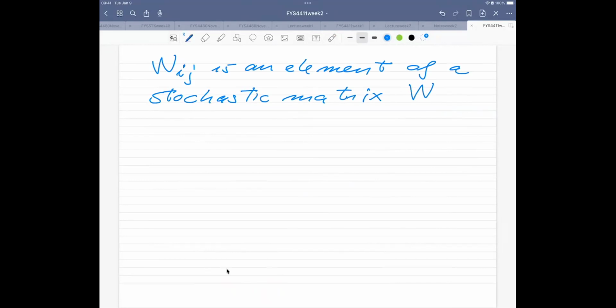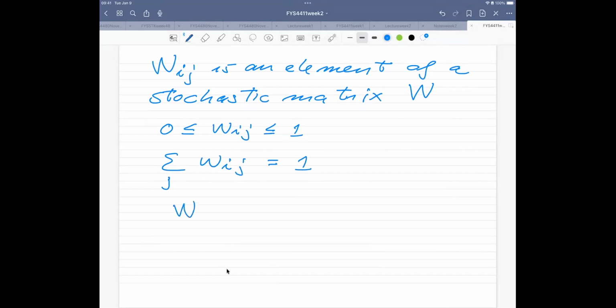Now, for these stochastic matrix elements there are conditions. These Wij's have to be less than or equal to 1 and larger than or equal to 0. When I sum the column elements Wij, they sum to 1. So this is a normalization constant.